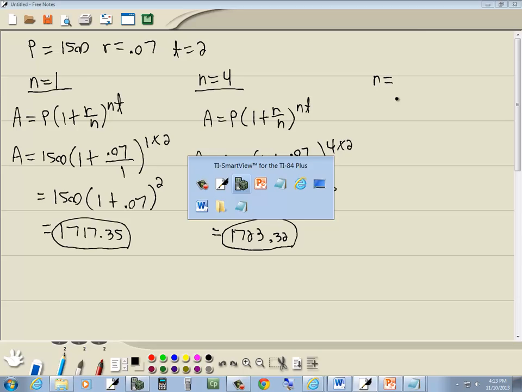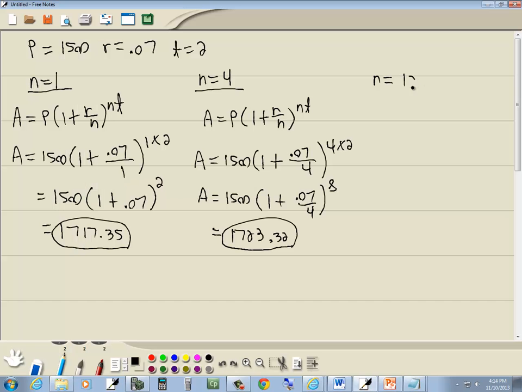Now our next one is N is equal to 12. It doesn't say continuous, so we use the same formula: A is equal to P times 1 plus R over N to the NT power. P we said was 1500 times 1 plus R, which is 0.07, over N, which is 12, raised to the NT power, which would be 12 times 2.